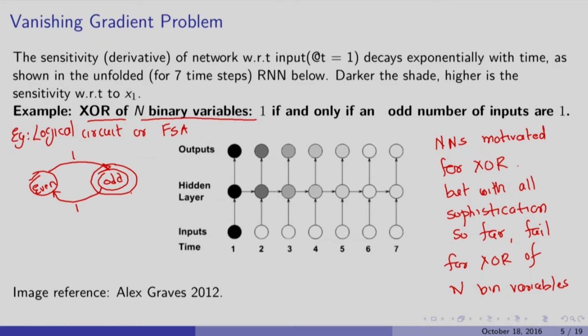The motivation was for XOR of 2 binary variables, A1 and A2, but it seems to fail for n binary variables. So what is the solution?